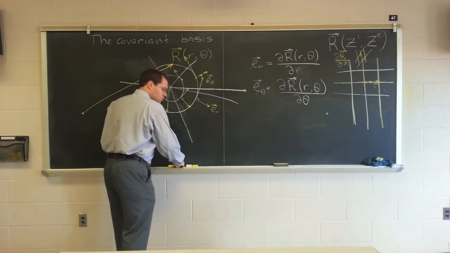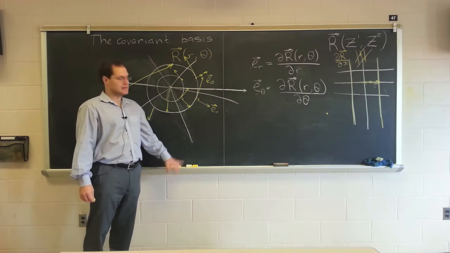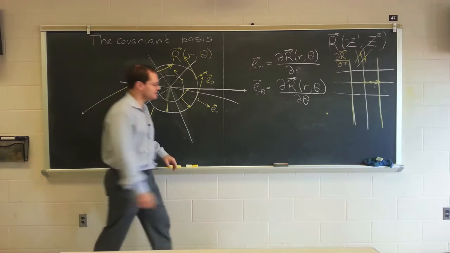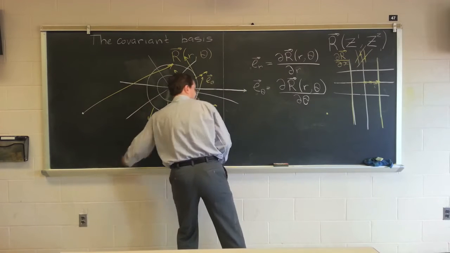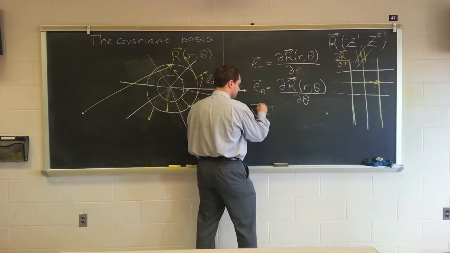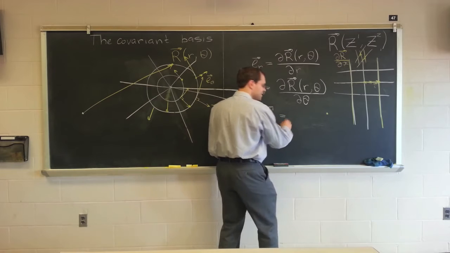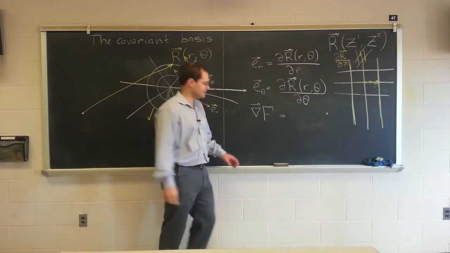So, we can now define what the vector gradient is. It will be the wrong definition, just like it is in Cartesian coordinates, but at least now we have an attempted definition for the gradient of f. On the left-hand side we have something beautiful and geometric. On the right-hand side we have an attempt at defining it analytically.